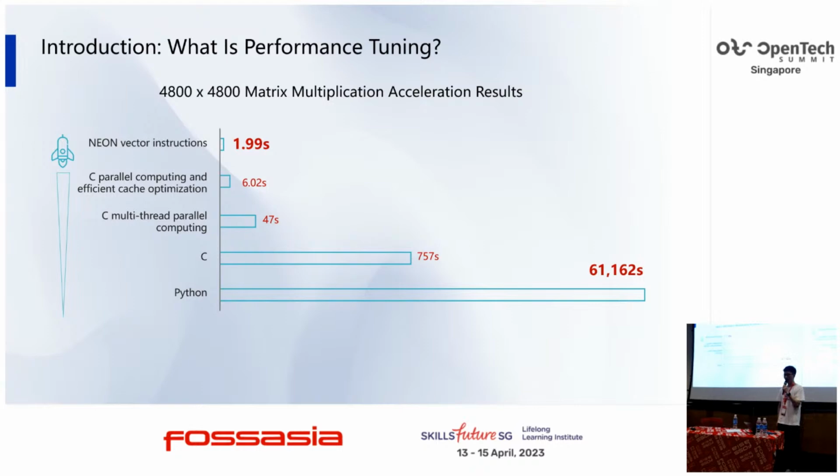Then, if we optimize with multi-thread parallel computing, it takes only about 47 seconds. Then, if we use other optimizations, such as vector instructions, it only takes 1.99 seconds. This simple example shows that there is huge room to improve our performance.